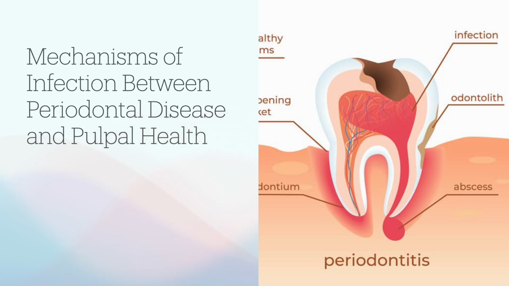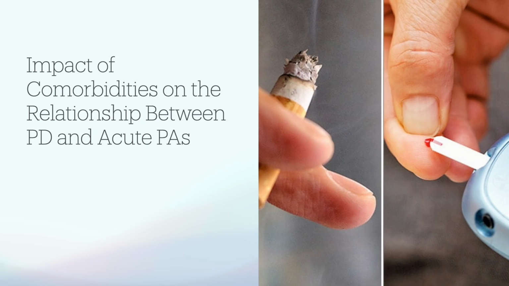With these mechanisms in mind, let's discuss the role of systemic factors that can exacerbate these conditions. Diabetes and smoking were identified as significant comorbidities that increase the risk of both PD and acute PAs.